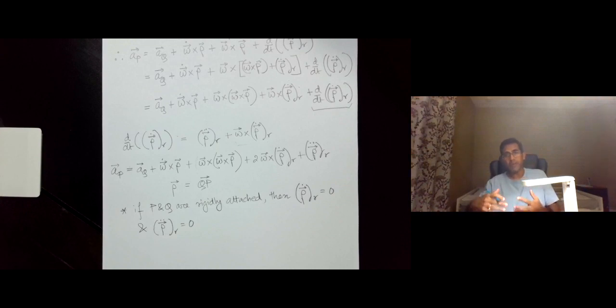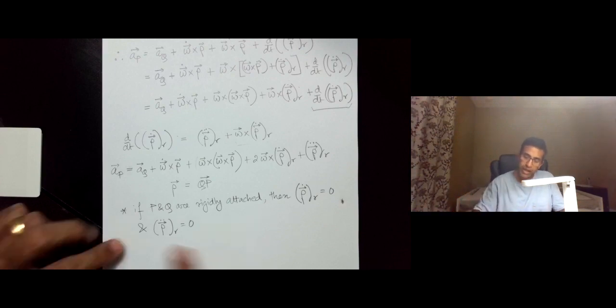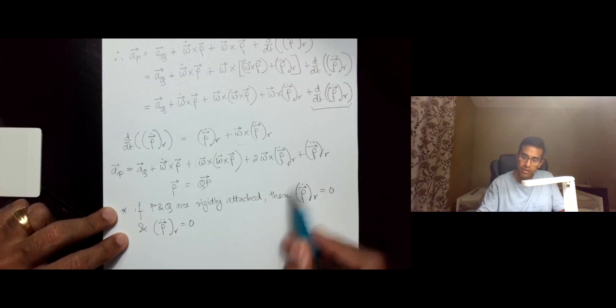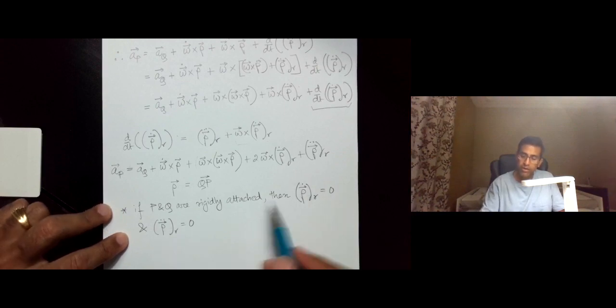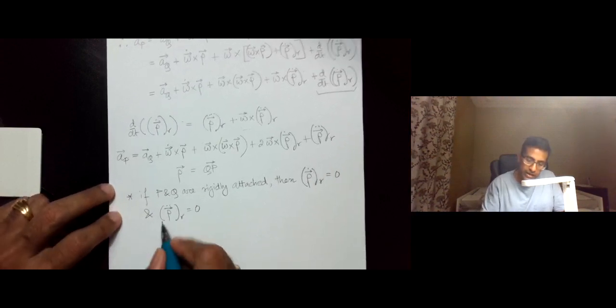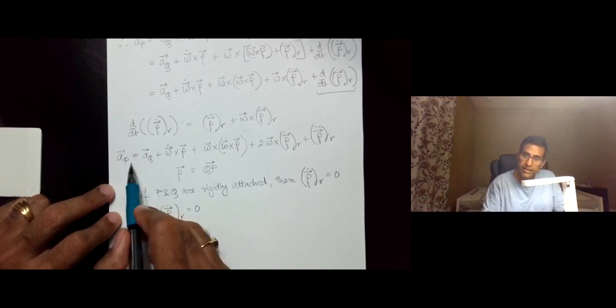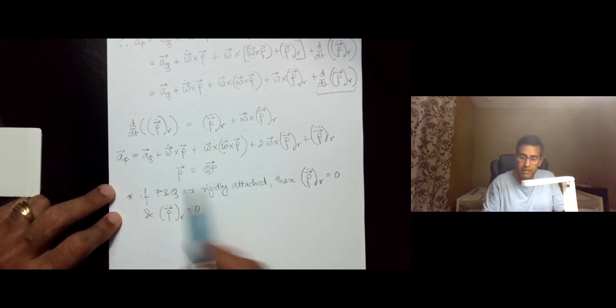So if P and Q are rigidly attached, then in the rotating frame there is no perception of P having any motion or any velocity or any acceleration with respect to Q, and so both these two terms, rho dot r and rho double dot r, are 0, and then this acceleration expression simplifies, because this term and this term drop off.